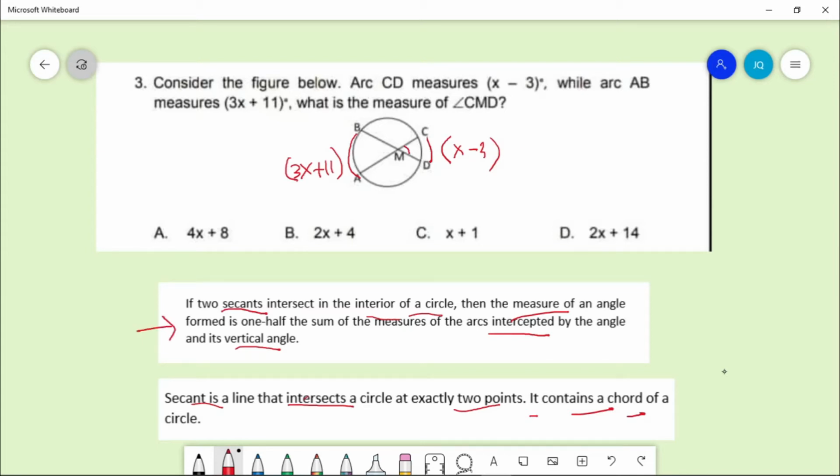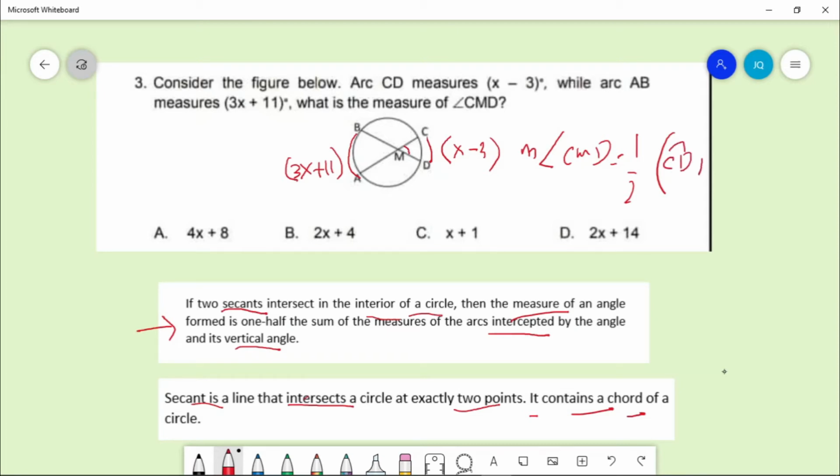So the measure, which is letter M, of angle CMD is equal to 1/2 of the sum of the arcs intercepted. Since this is the angle, the intercepted arc is the arc opposite to the angle. Opposite to it is arc CD.